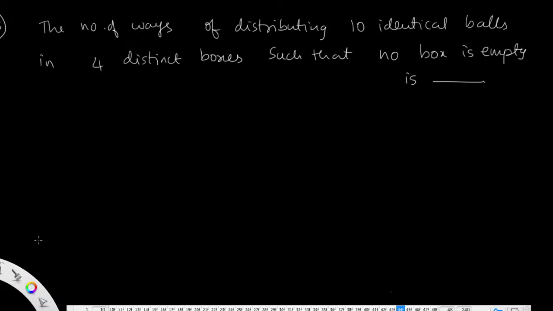No box is empty means the 0 case is excluded. So the formula is n minus 1 C r minus 1, that is 10 minus 1 C 4 minus 1, that goes to 9C3. That's all.